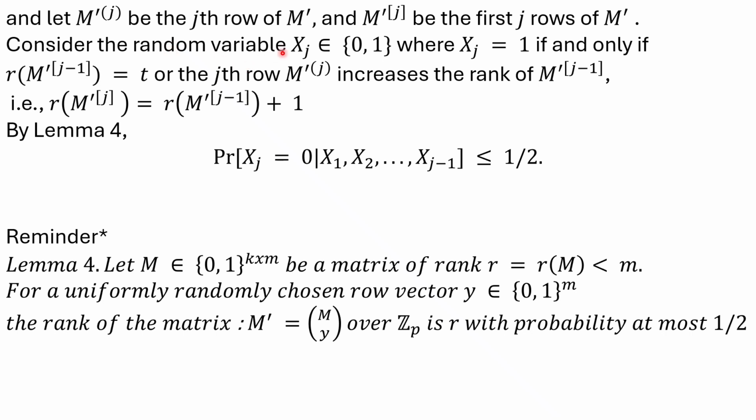Consider the random variable xj, which belongs to 0 and 1, where xj is equal to 1 if and only if the rank is equal to T, or the jth row mj increases the rank of M j minus 1. By Lemma 4, the probability that xj is equal to 0, given x1 to x j minus 1, is less than or equal to one half. This is a reminder of Lemma 4.